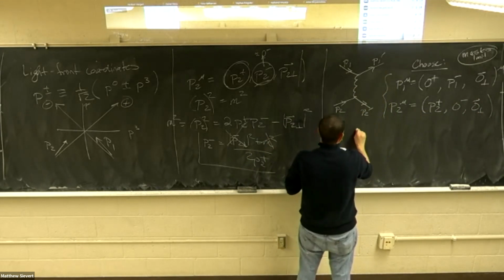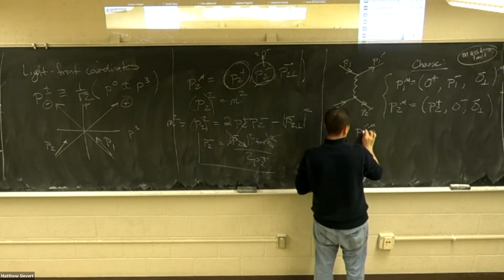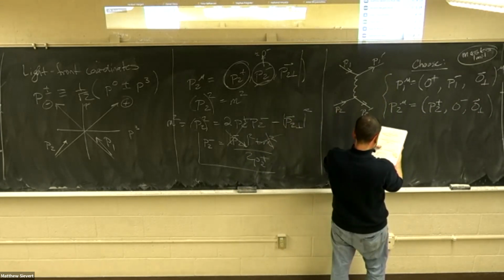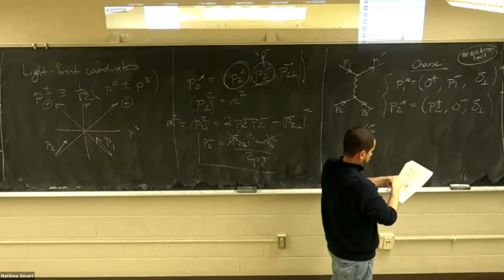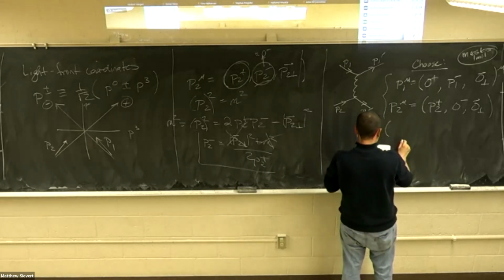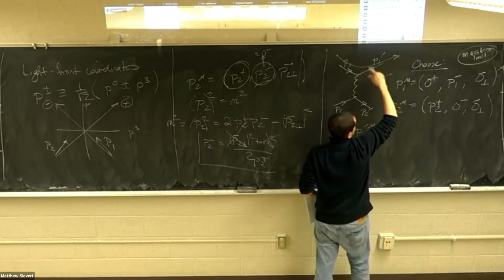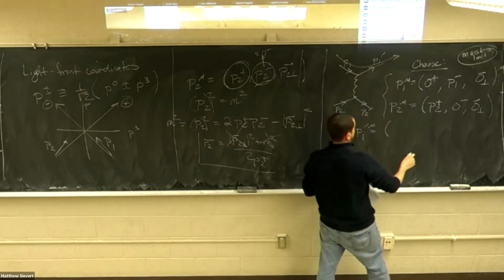So for my P1 prime, I want this one to scatter out, carrying some fraction of that light front minus momentum.